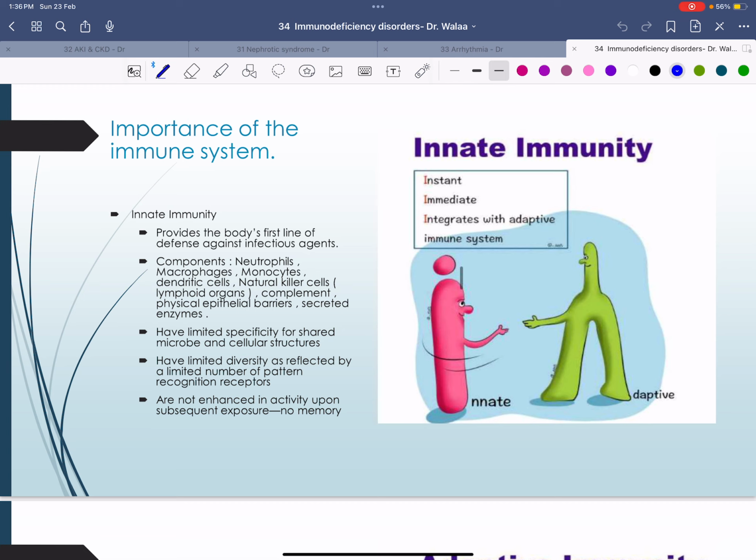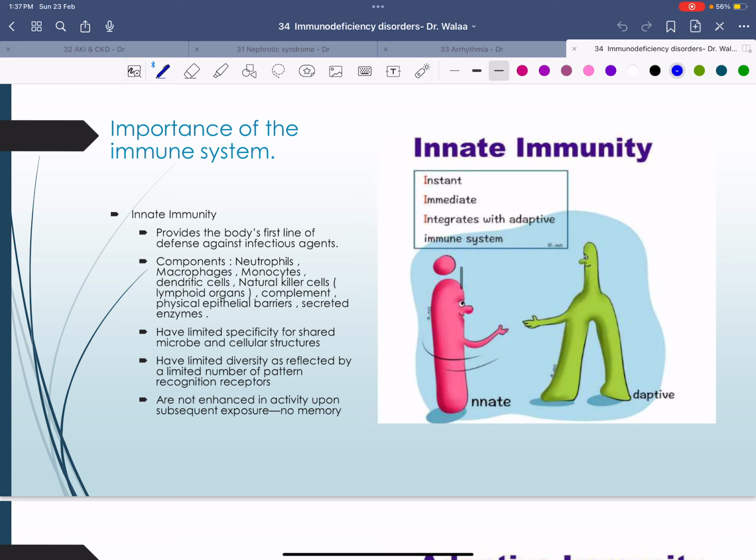This is not the case in innate immunity. So it's rapid, quick, non-specific. There are no pattern recognition receptors, all right? And there's no memory. Examples of cells in the innate immune system: neutrophils, macrophages, monocytes, the complement system, physical barriers, and the immune reaction at the level of the mucosal membranes.